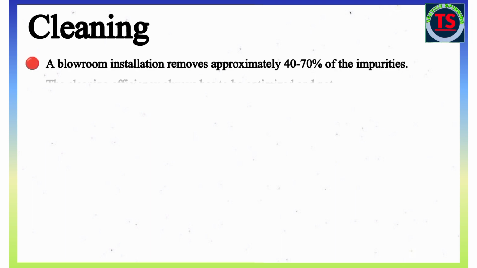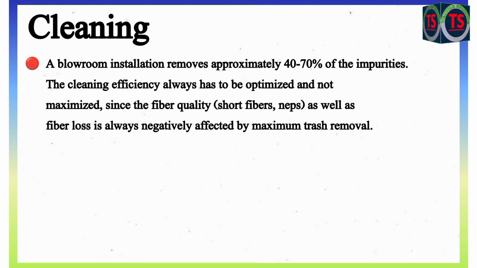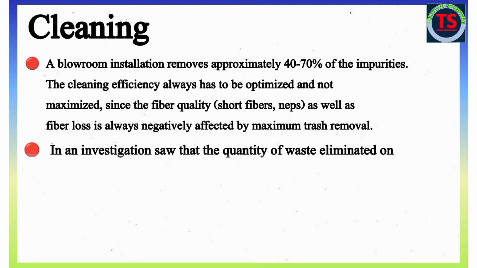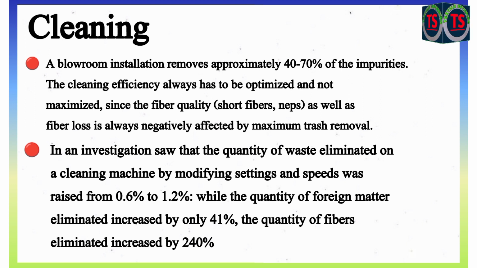Cleaning. A blowroom installation removes approximately 40 to 70% of the impurities. The cleaning efficiency always has to be optimized and not maximized, since fiber quality as well as fiber loss is always negatively affected by maximum trash removal.